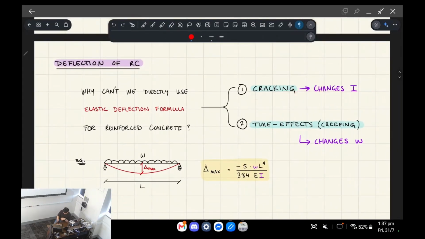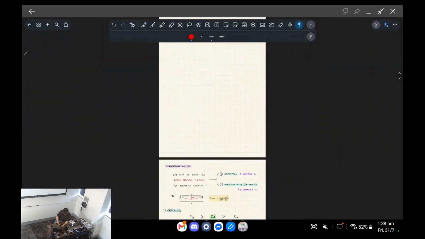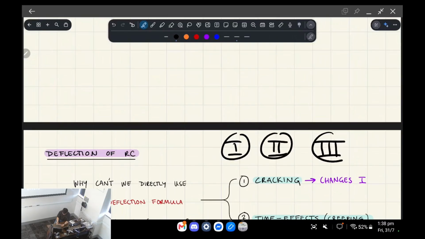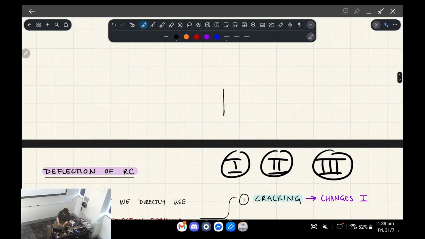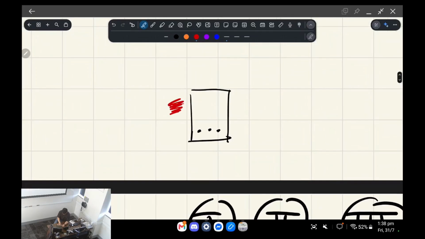The first thing is cracking. Just to recap, I think in week 5 we talked about 3 stages for concrete, with increasing moment applied to it. So this is 3 stages of flexure. If you have a concrete section, let's do singly reinforced, its neutral axis will be somewhere down here.